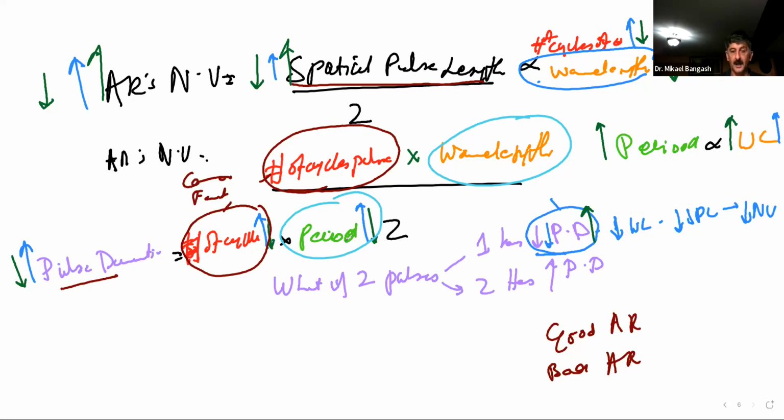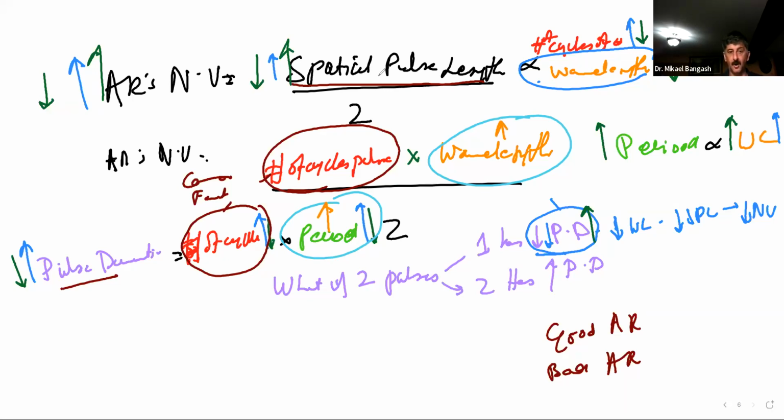Although that's okay, we really can't use the pulse duration to just calculate the actual numerical value of your axial resolution. But we can say a pulse with a greater period will have a greater wavelength.